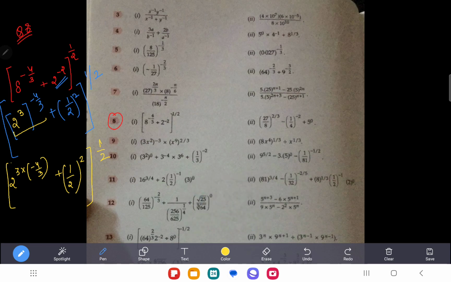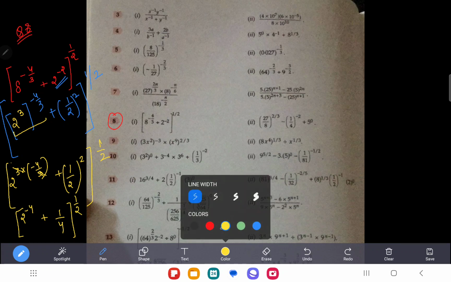Isn't it? So then what is happening? This 3 shall cancel this 3 and I will have 2 raised to the power minus 4 plus 1 over 4, because 1 square is going to be 1 and 2 square is going to be 4. Are you understanding? Raised to the power half.